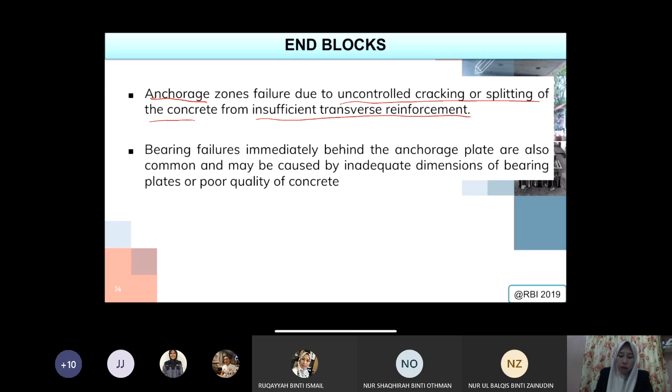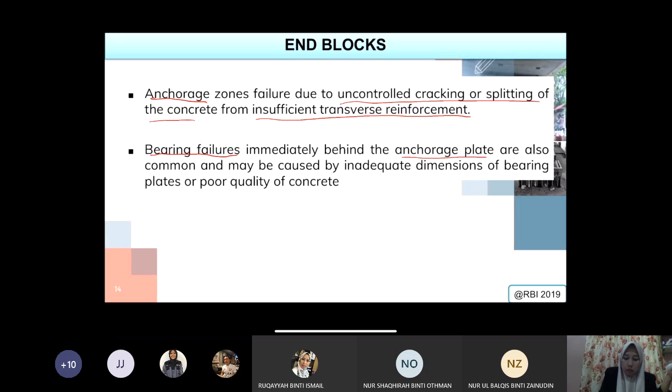So you want to avoid anchorage zone failure, because when it happens, it will burst out and so on. It's something you don't want to happen. Another failure that could also occur is bearing failure behind the anchorage plate.